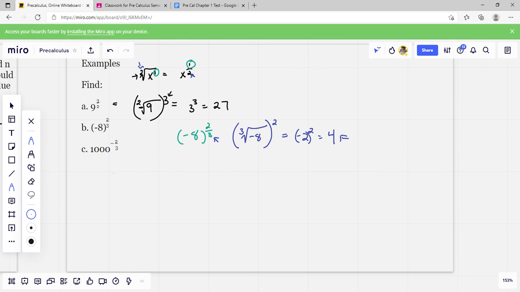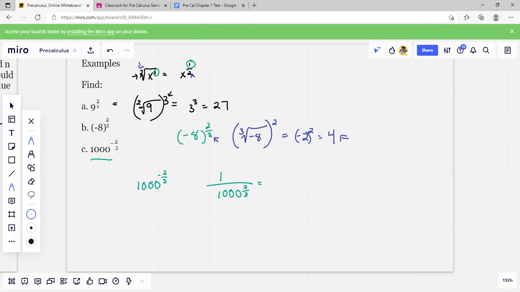All right, and then this last one, C, 1,000 to the negative 2/3. Remember about negative exponents, we have to drop that. So if we have 1,000 to the negative 2 over 3, we drop it down below a 1 to the bottom of a fraction to get rid of the negative. So now we have 1,000 to the 2/3.